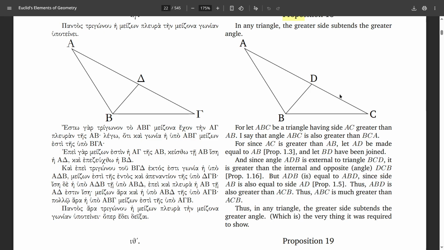But ADB is equal to ABD, so that side there and there.